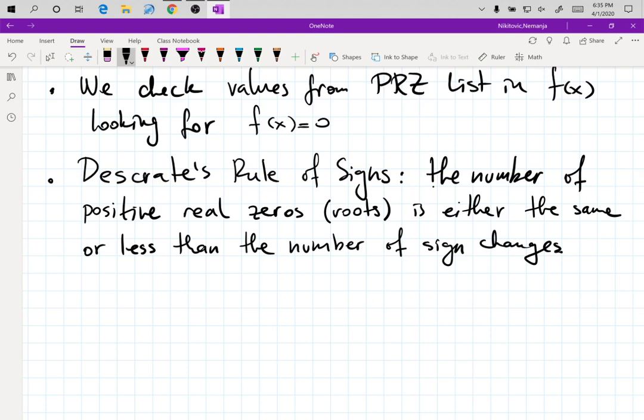So the number of sign changes, you literally count how many times you had a positive term switch to negative or a negative term switch to positive as you move from term to term. Once you do that, it will tell you how many sign changes you have, and then you say, okay, the number of positive roots is so and so, or less, right?